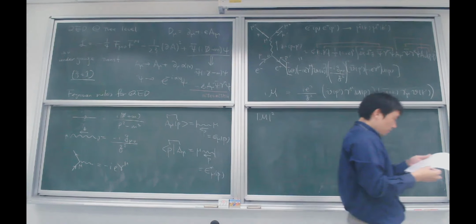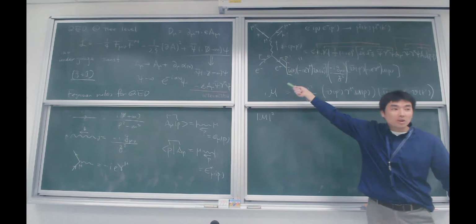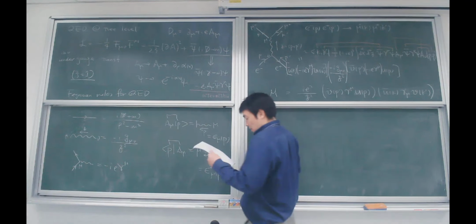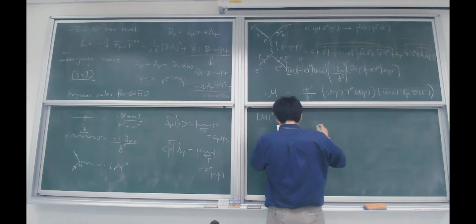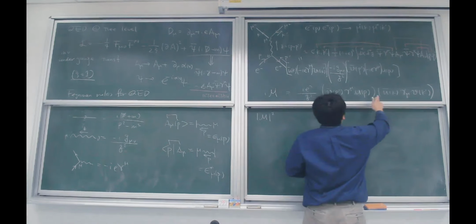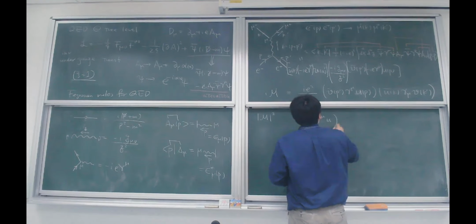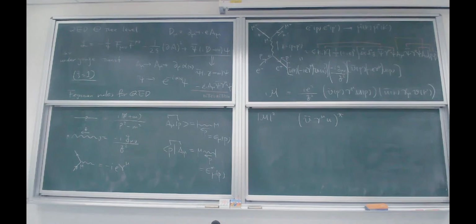As far as I recall, yeah, iM. To evaluate this, you need to take the Hermitian conjugate to get this one. So then we have this kind of combination, b bar gamma mu u, and we need to understand its complex conjugate. That's what we need to do.